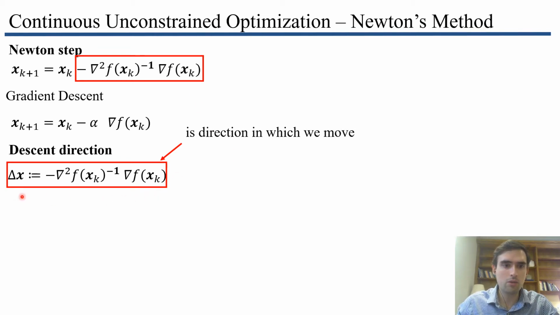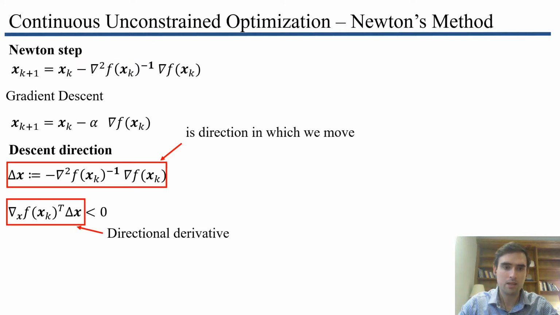So we will analyze this, which is our step, right? If you see, we have xk, and if we add this delta x, this is going to be our step. And what we want is for our directional derivative to be less than 0.